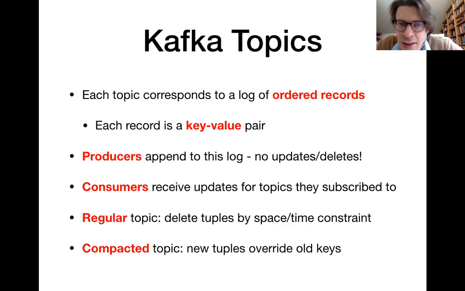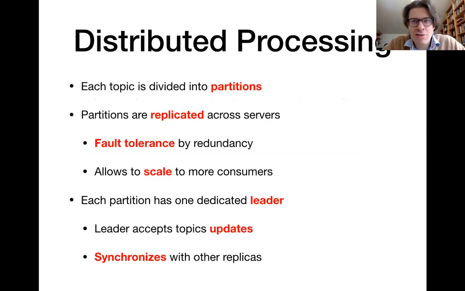Each record has a key and a value. And if you have a new record that refers to a key for which you already have entries, then the new value overrides the old value. So this is how those topics are structured, and they are processed in a distributed manner.